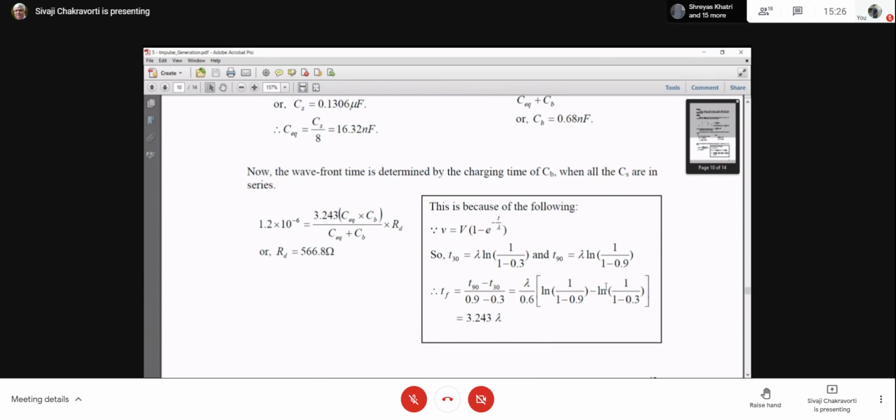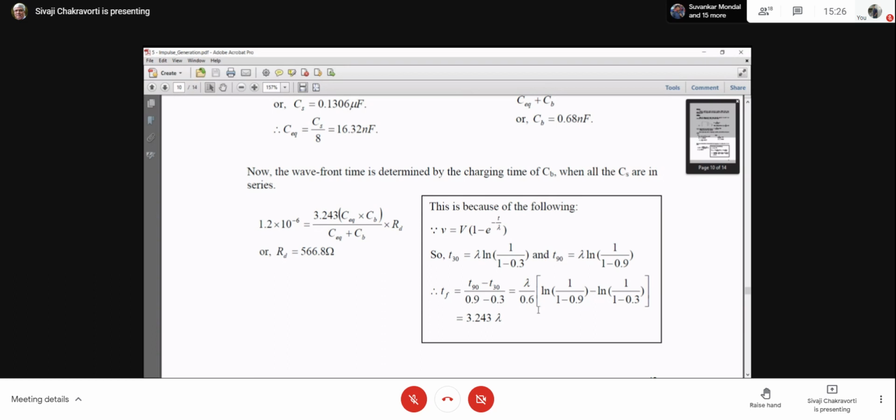Now, how do we find it? We have to get the required wavefront time. As I have already told, wavefront time is calculated from T90 and T30, that means 90% of the peak value and 30% of the peak value. So how do we get it?